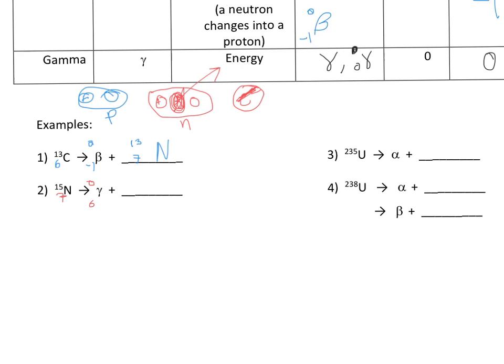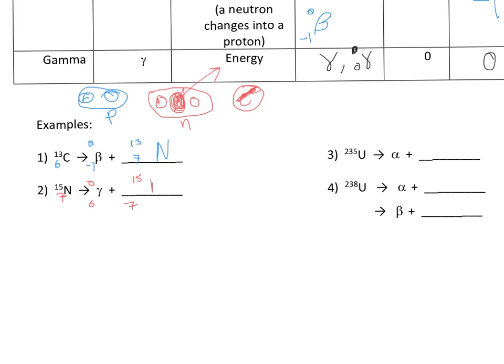Then you say, what plus 0 is equal to 15? Because remember, anything on this side needs to equal everything on that side. The answer is 15. Then you say, what plus 0 is 7? And so the answer is 7.